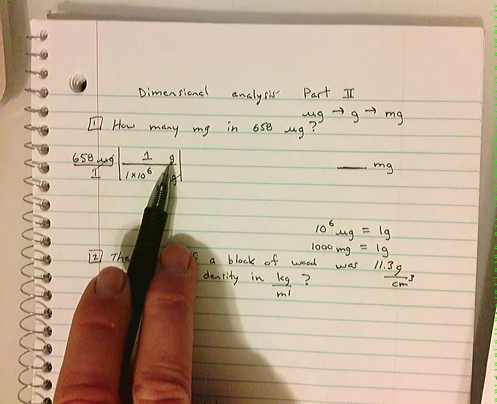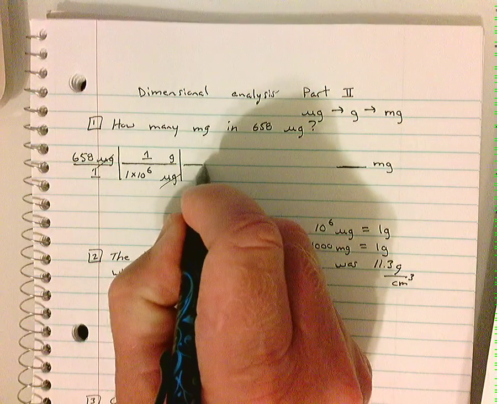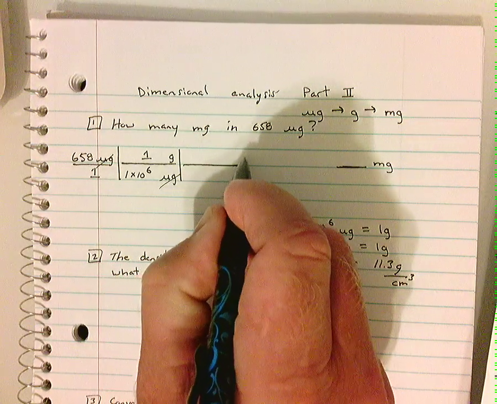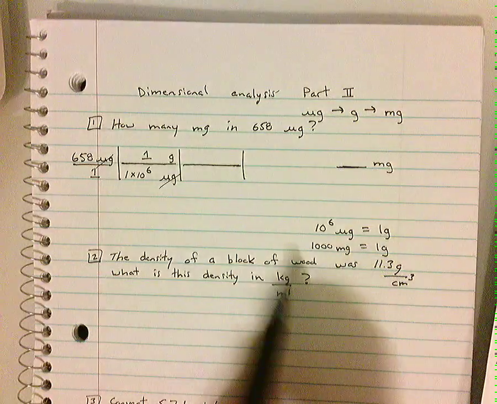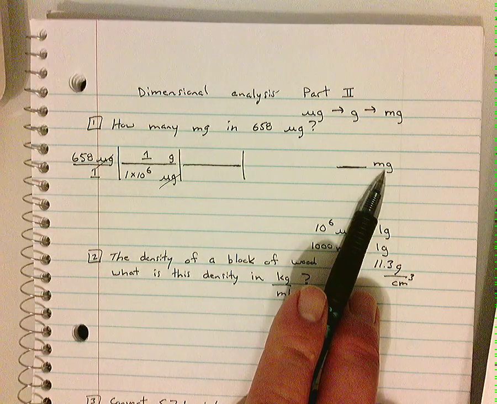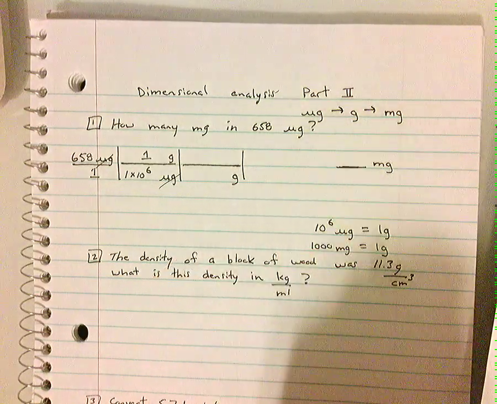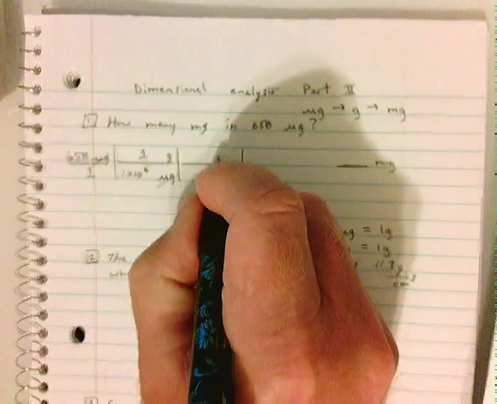At this point, we're going to convert grams into milligrams. So we drop another conversion bar in. We have grams, and we're trying to obtain units of milligrams. So we're going to cancel grams by putting grams on the bottom and milligrams on the top.